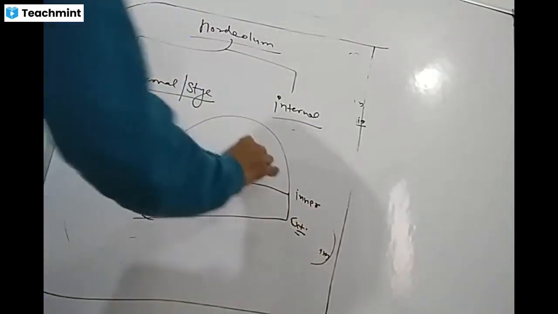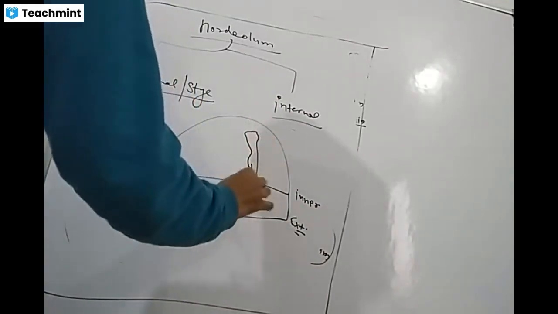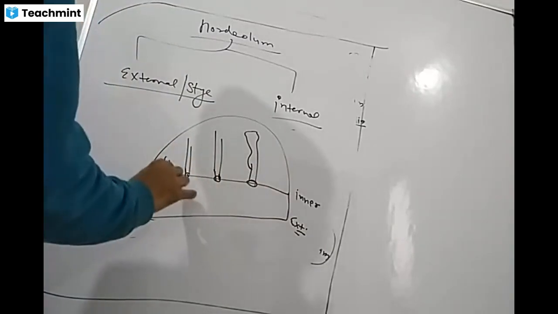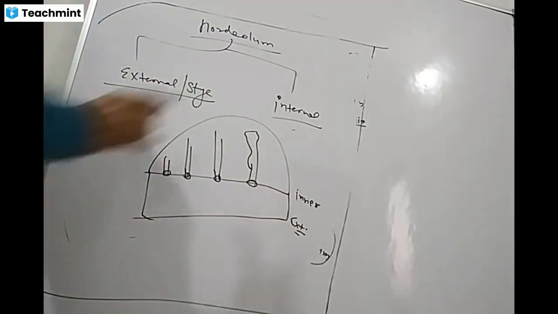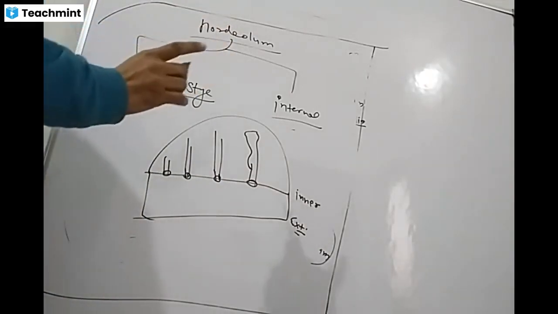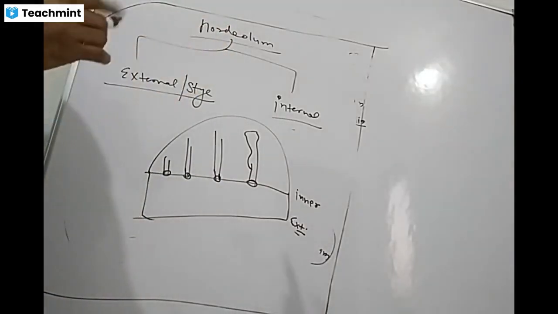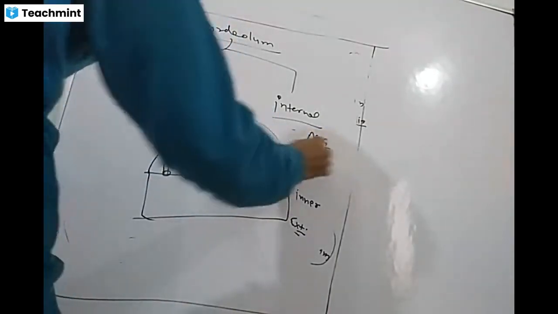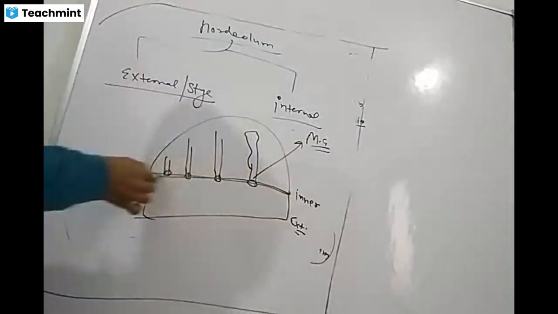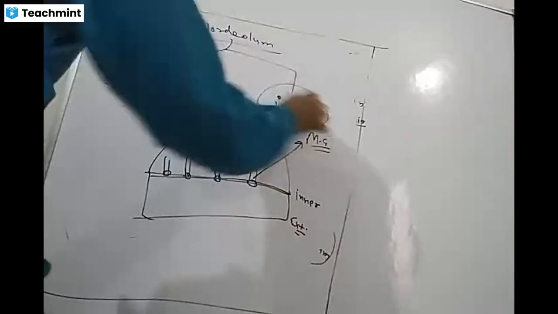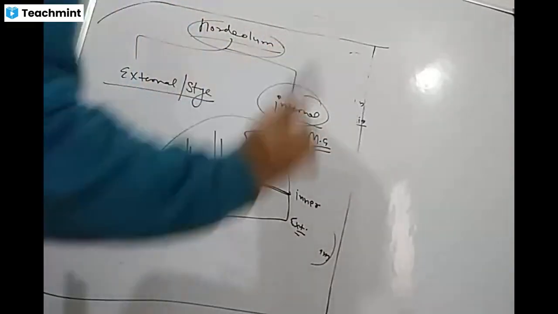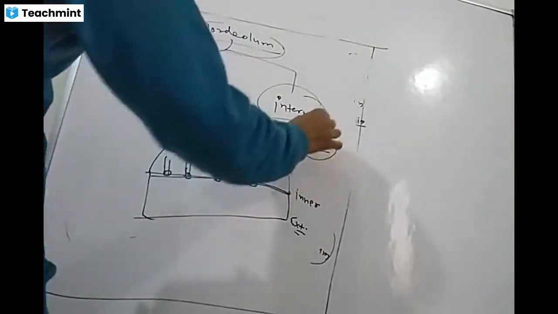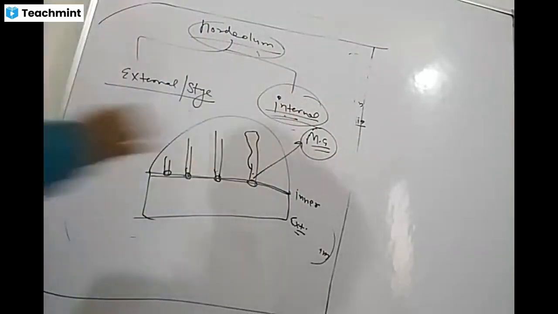Here we have the meibomian glands, parallel and longitudinal. When bacterial infection happens at this meibomian gland, they are opening at the inner margin. That is called internal hordeolum. Internal hordeolum means bacterial infection of the meibomian gland.